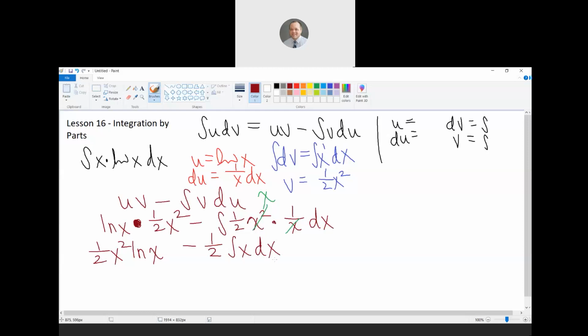With some problems, you may have to use integration by parts more than once, but here we don't have to because we can find the integral of x pretty easily. So the integral of x is x squared over 2, or 1/2 times x squared.